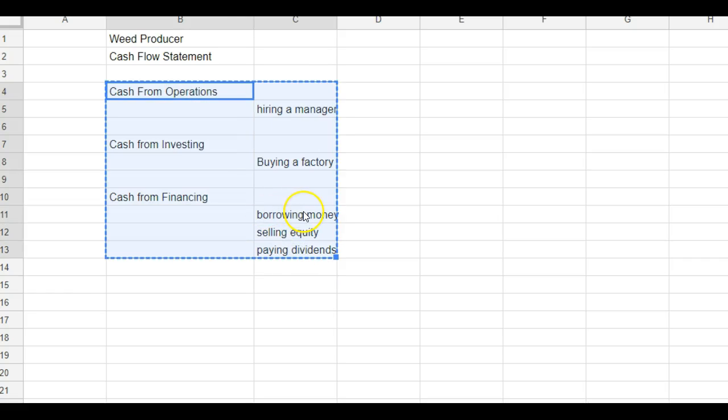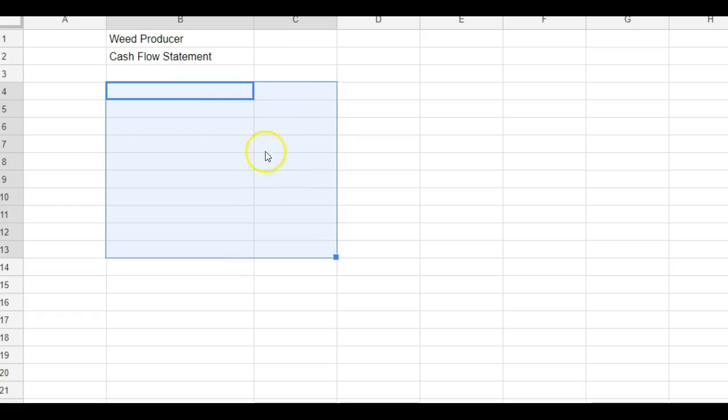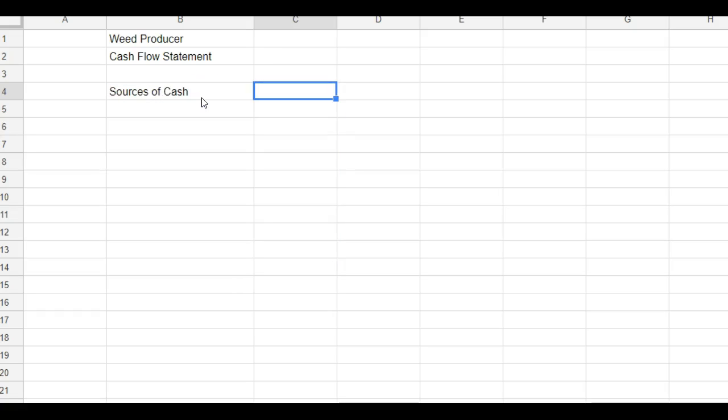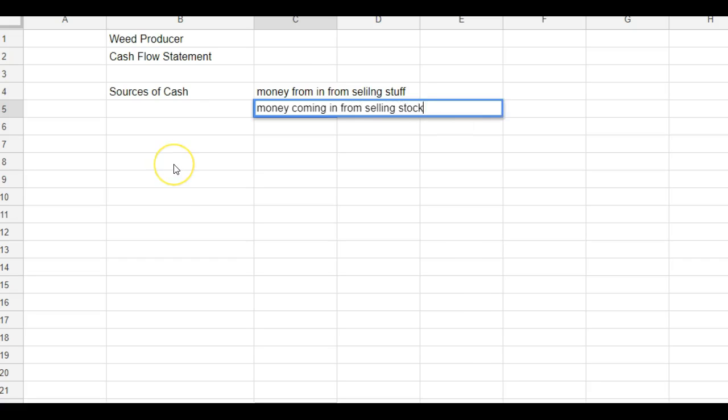All right, another way to do it is to say sources of cash. That's like money coming in from selling stuff, money coming in from selling stock, money coming in from borrowing.